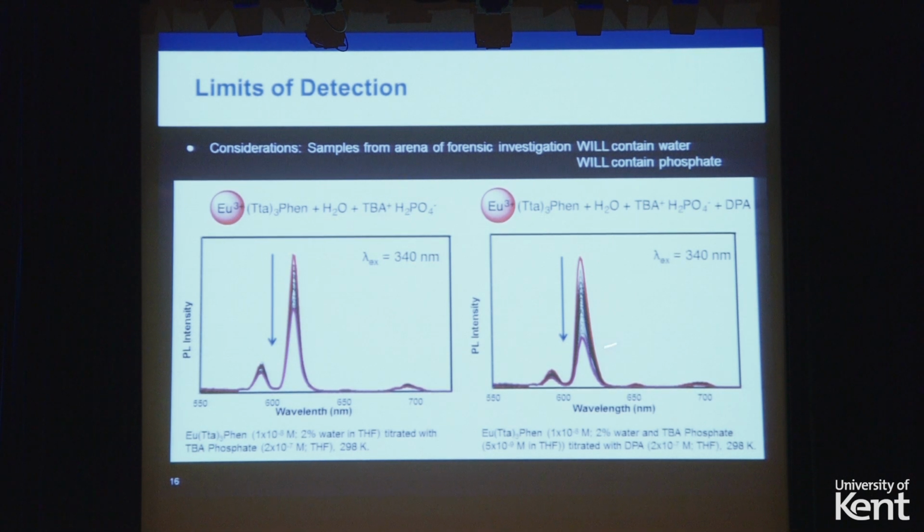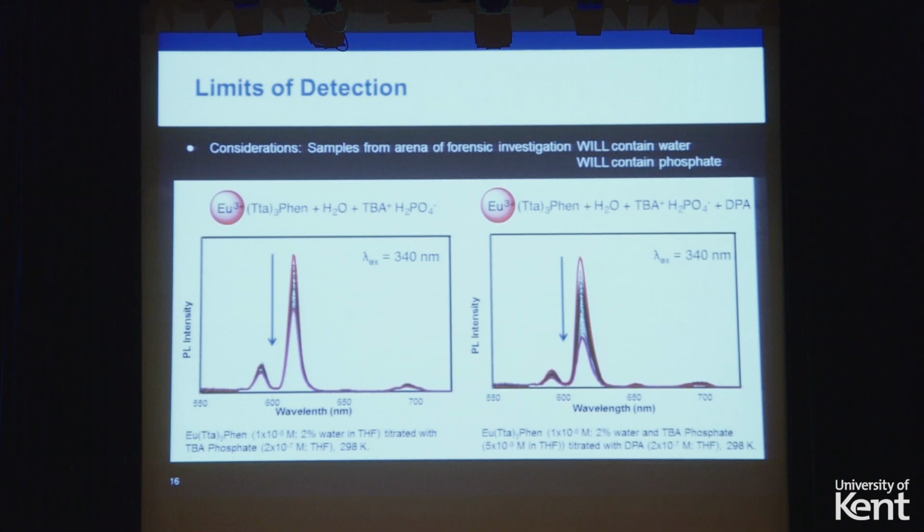But if we add dipicolinic acid, we see a much greater response in that emission decrease. So our material is not only effective in a bulk state, we can also see very distinct changes at very low concentrations, in the nanomolar or part per billion range. This makes it quite a sensitive sensor as well, which we're very pleased about.